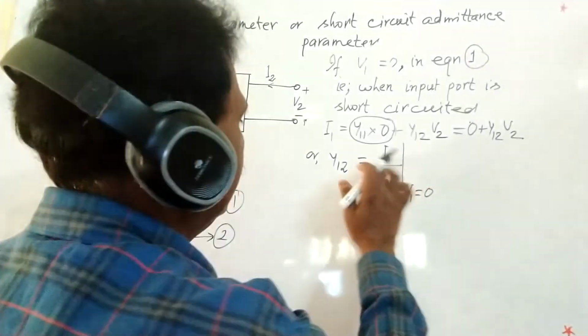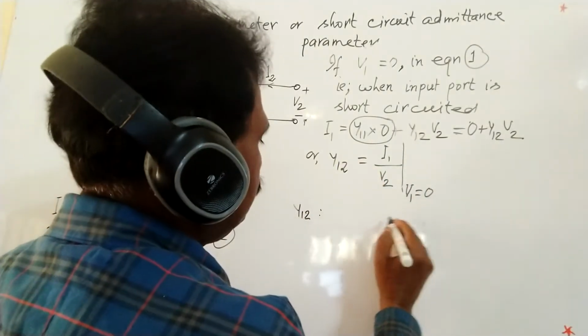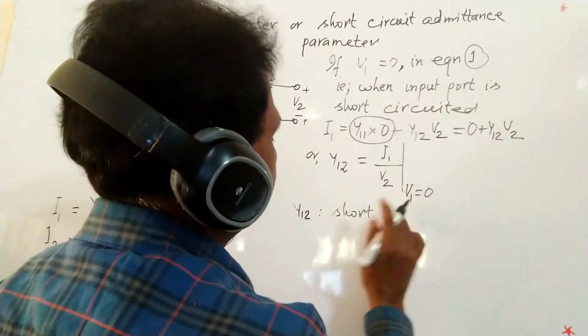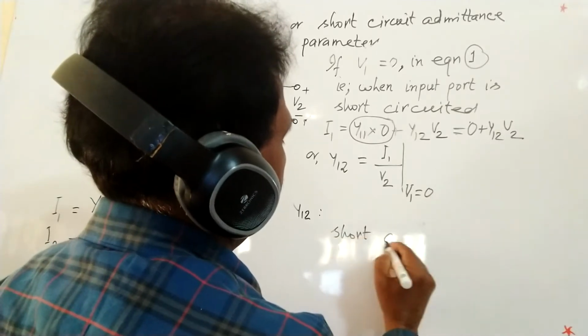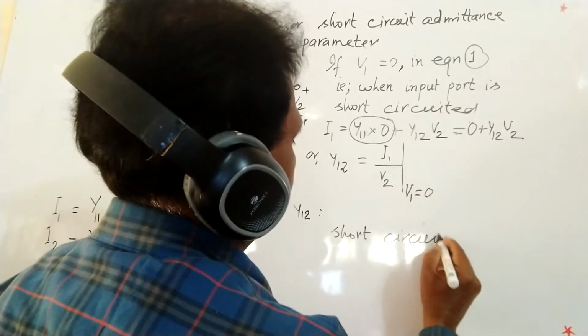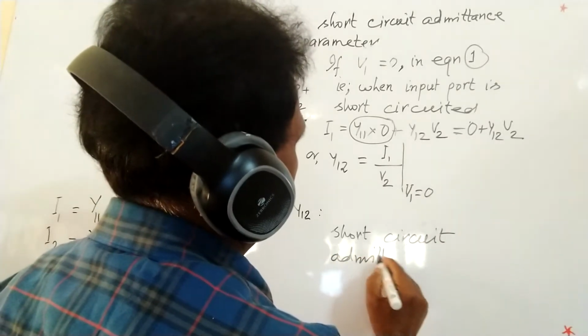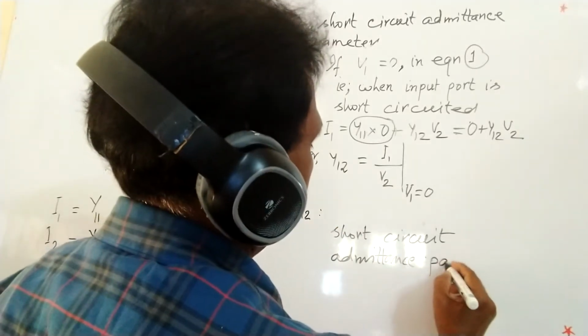Therefore, we say this value Y12 to be the short circuit admittance matrix, admittance parameter.